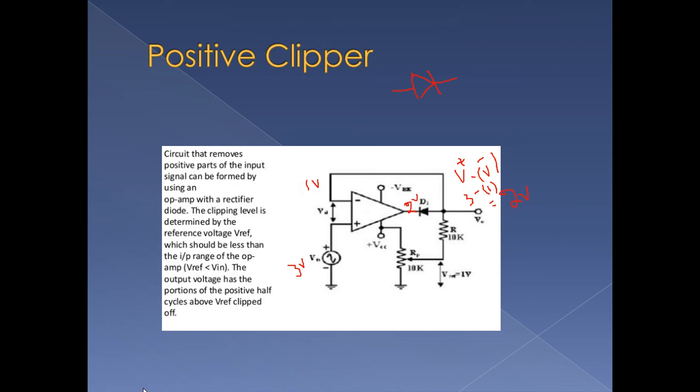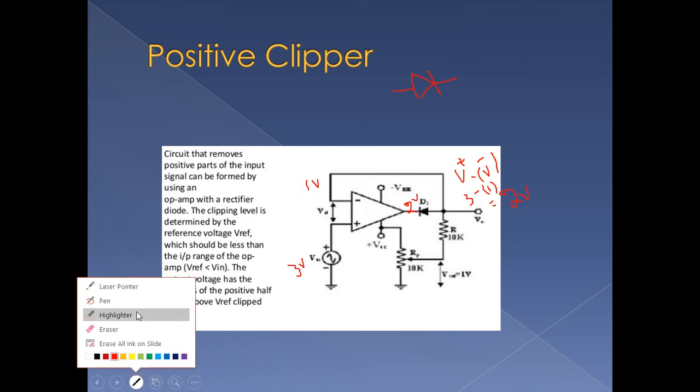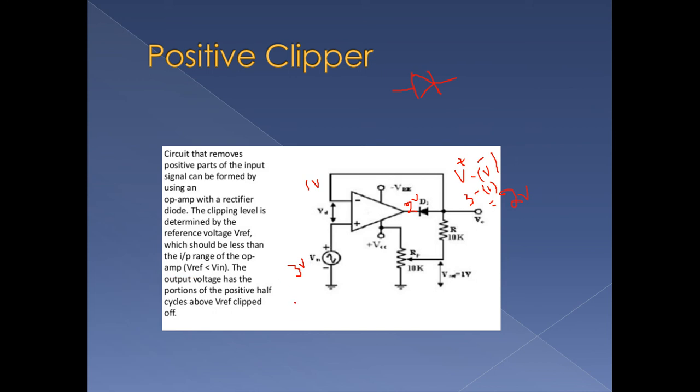That means when Vin is greater than Vreference, V0 is equal to 0. We won't get any output.